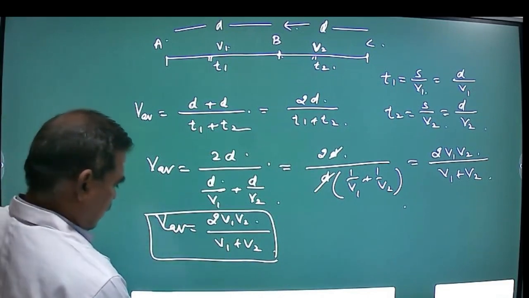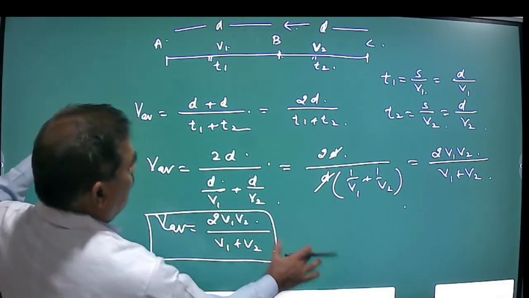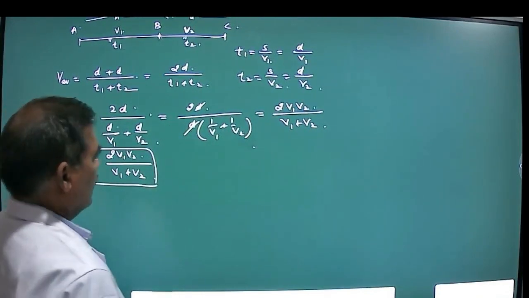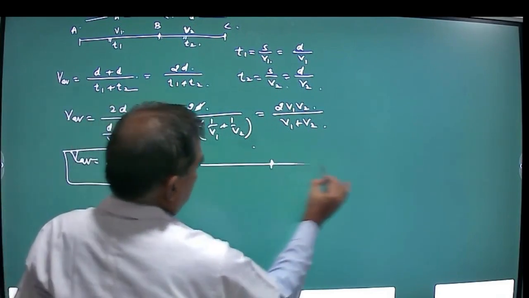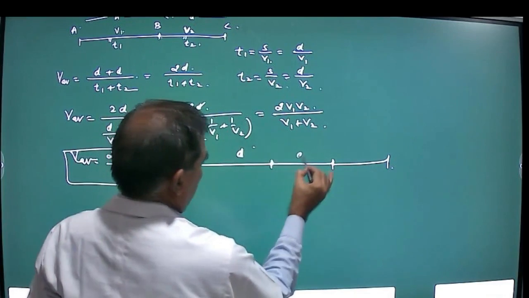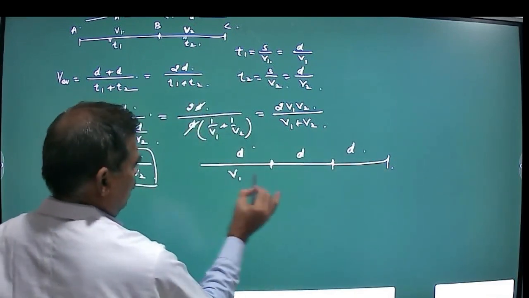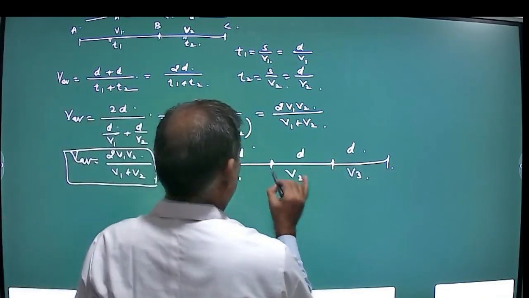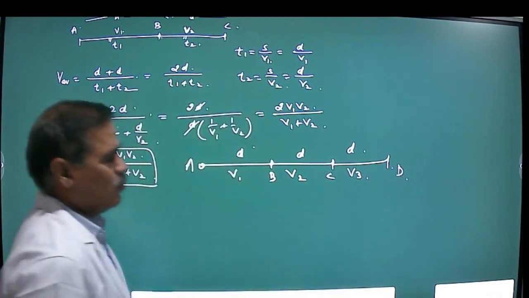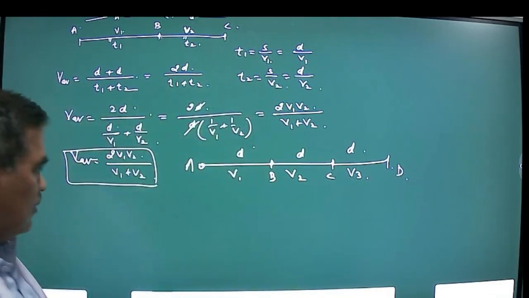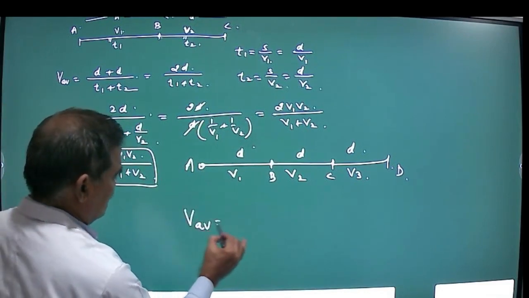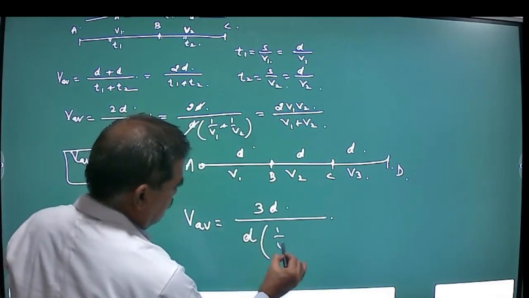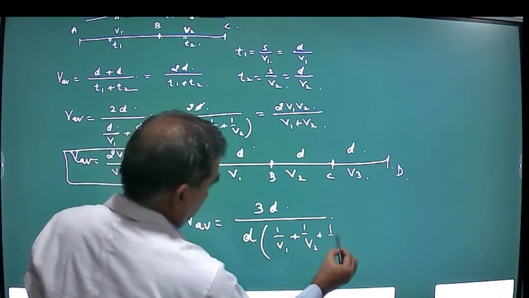Similarly, here if three portions are given, these distances are equal, and the speed in this one is V1, in this one V2, in this one V3. So what will be the average speed between A to D? Here V average, in this case you will get 3D divided by (D/V1 + D/V2 + D/V3).